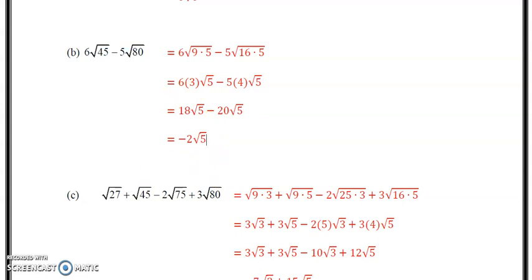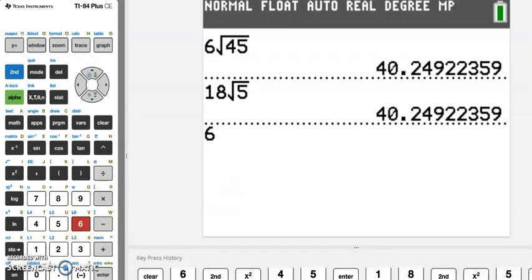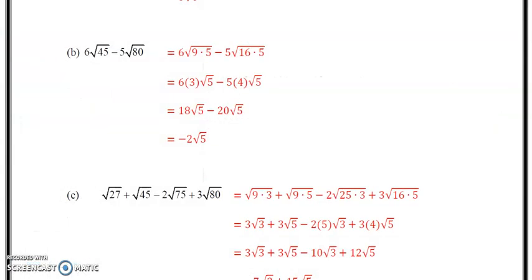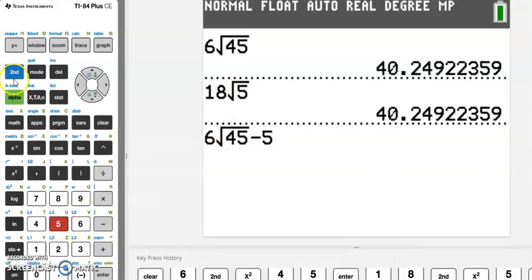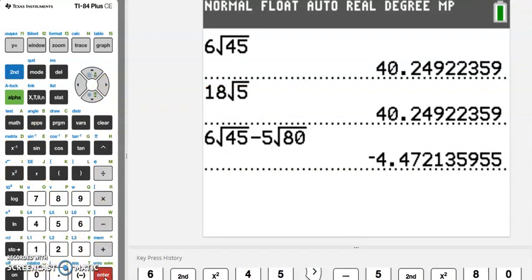So I'll do that right now with you. So we have 6 square root of 45, subtract 5 square root of 80. Right, we hit enter, and we get negative 4 decimal 47.